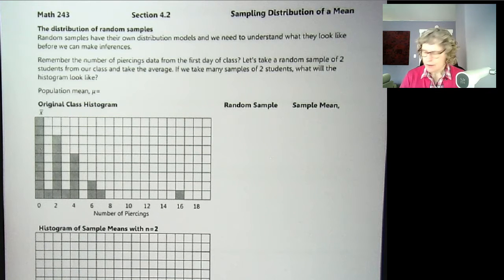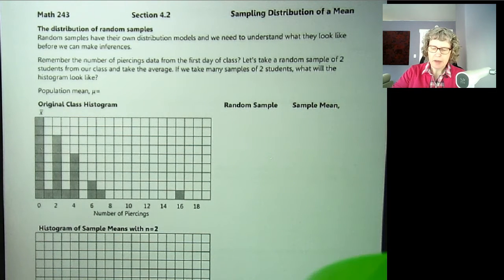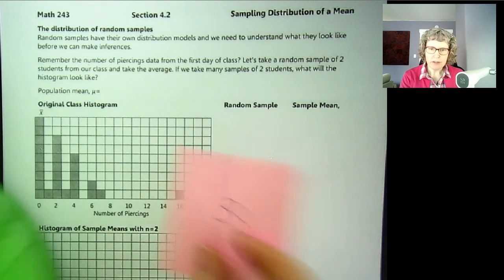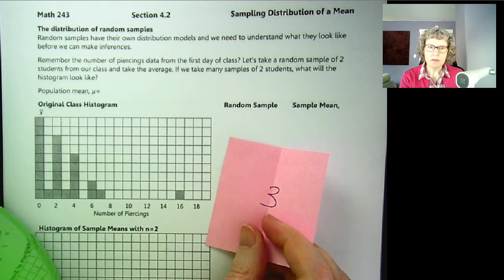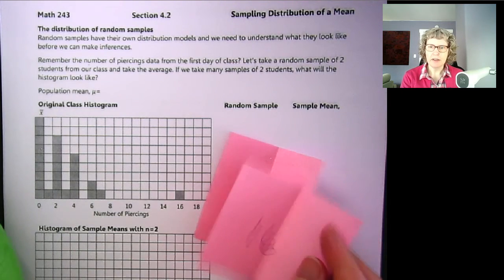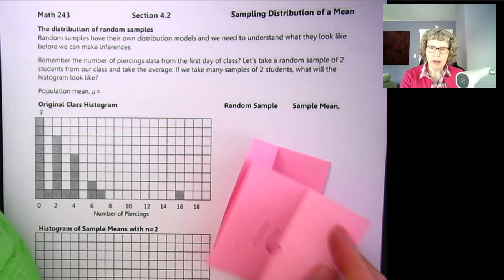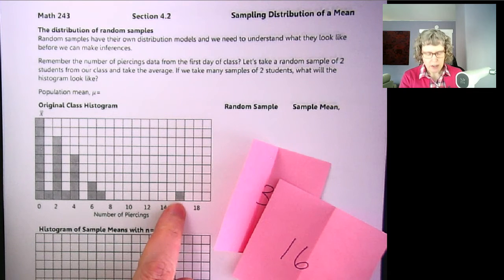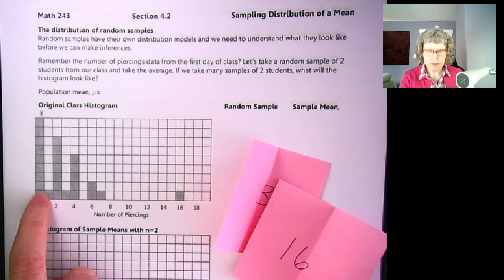Okay, so I have my population in this bucket. On these little pieces of paper I have written, so this is one person that has 3 piercings. This is the one person with 16. So I have a piece of paper for each colored in space on this histogram.